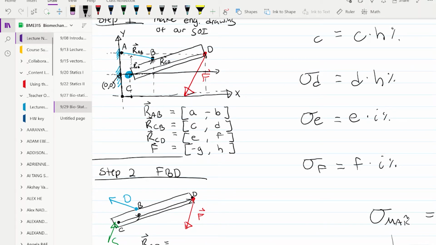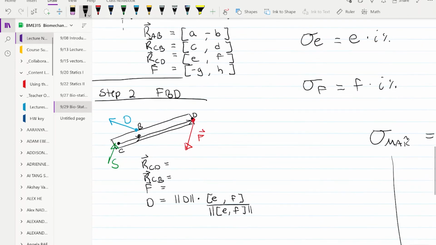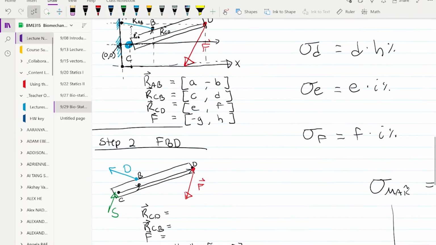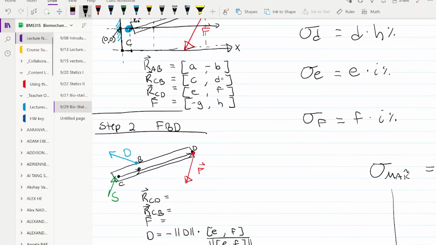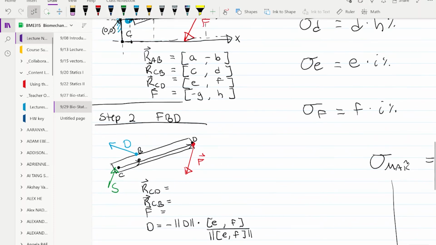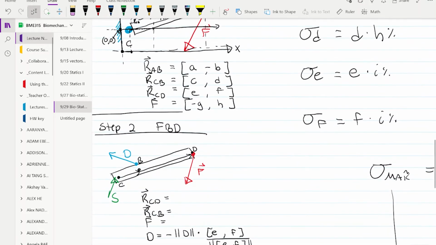We also know that these muscles can only act in tension, so we need to consider the direction going negative. The direction has to go in the negative X and the negative... actually, it's positive J, because B was flipped. Oh, I did the wrong thing.